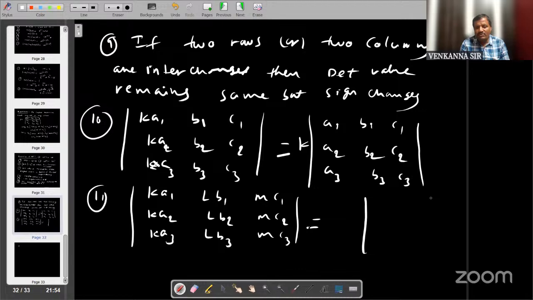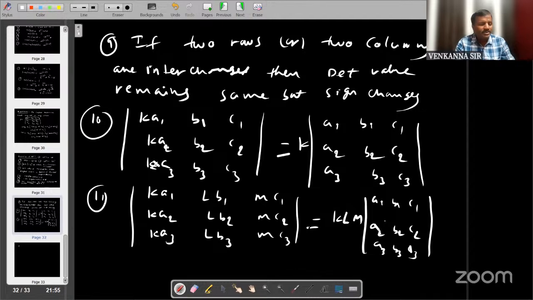The entire determinant will be multiplied by what? With the determinant of A1, B1, C1, A2, B2, C2, A3, B3, C3, it is multiplied by K, L, M. K into L into M gets multiplied with the determinant. So that is about the 11th property.